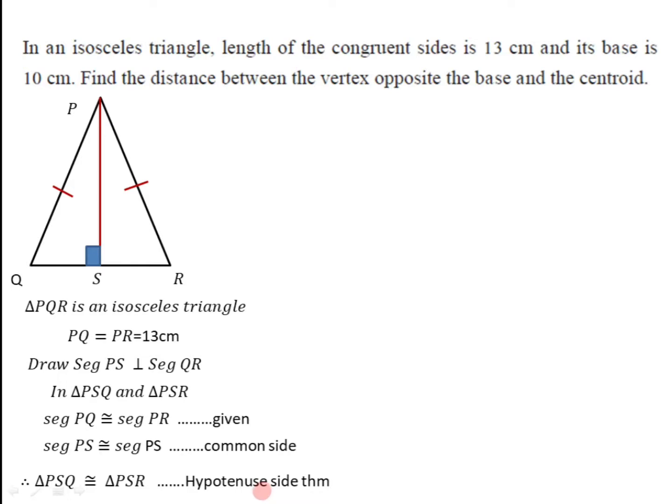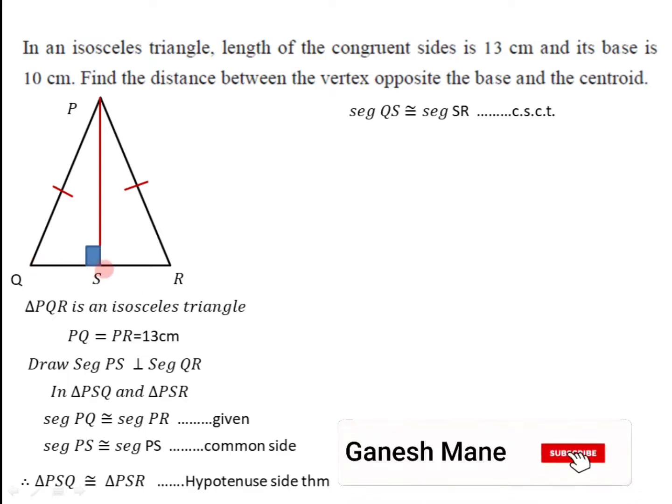And we know that if two triangles are congruent, then their corresponding sides are also congruent. So here the corresponding side of QS is SR, so they must be congruent. This segment QS is congruent to segment SR as corresponding sides of congruent triangles. Now the length of QR, the base, is given to be 10.